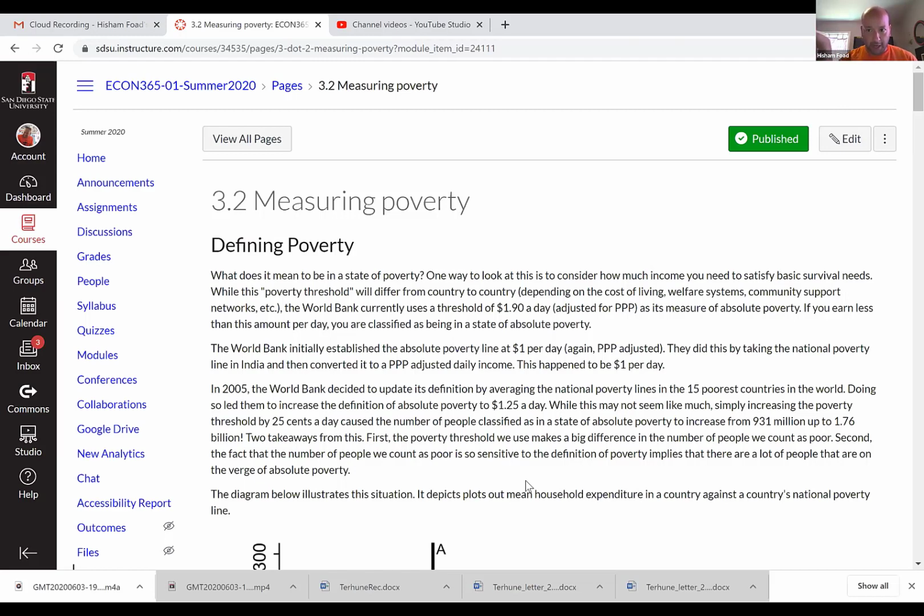If you're making $1.10 a day, you weren't poor before, you were poor afterwards. In reality, you were poor one way or the other, probably. So really, the only reason this matters is in terms of bringing greater attention to the problem of poverty around the world. And it doesn't make a difference in an individual's life whether they're being classified as poor or not, unless being classified as absolutely poor does qualify them for some kind of program.